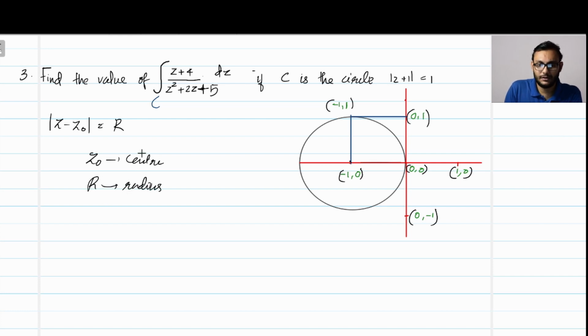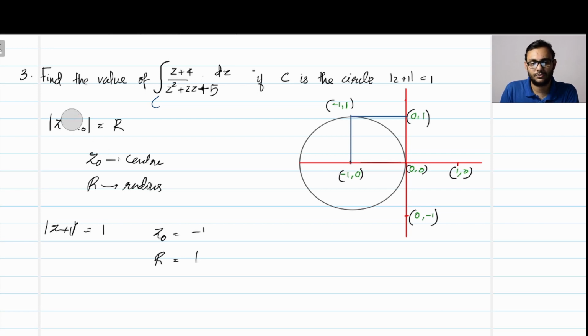So the given circle equation is mod z plus 1 equal to 1. It clearly shows that our center is z0 equal to minus 1 and our radius r is equal to 1. That is why this circle is represented like this. I hope you got the idea.